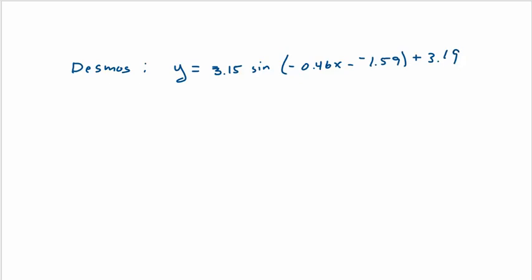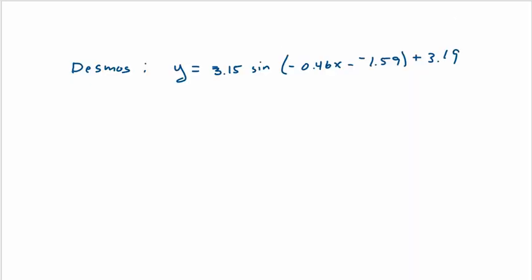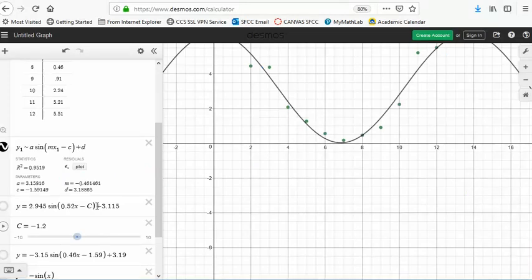And when we did all this business right here, we came up with y equals 2.945 times the sine of 0.52, that was our pi over 6, x minus, and then our shift that we did, where was it, right here, was about negative 1.2, so minus negative 1.2.